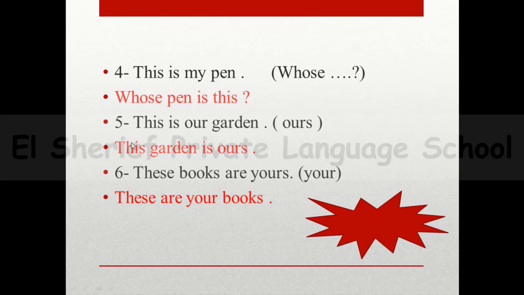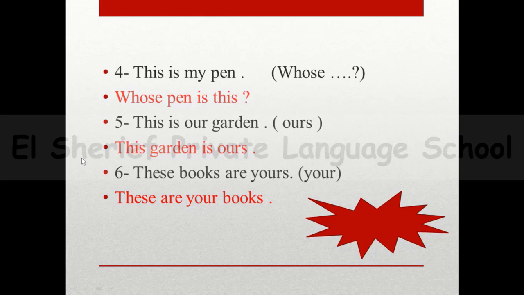Number 5, this is our garden. Use ours. We know that in the possessive pronouns we shouldn't put anything after them. We should start with the noun, or we can use it instead of the noun, but you should start here with this garden to show that you are pointing to something.